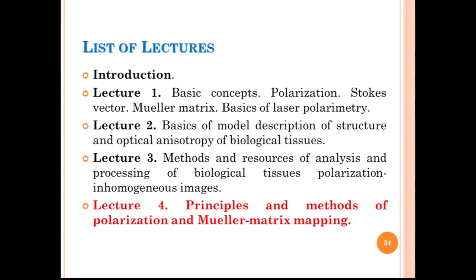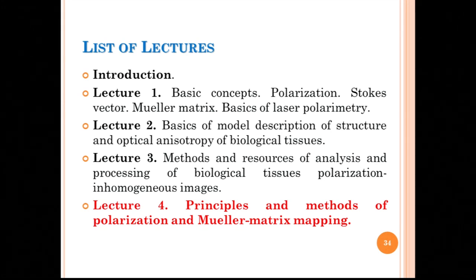We call these approaches statistic, correlation, and fractal. We call it multifunctional laser polarimetry, because not only one parameter is evaluated and described, but several parameters can be described simultaneously.